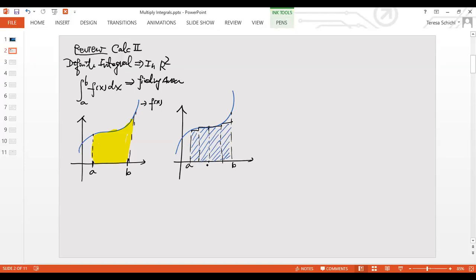For each one, the width of the sub-interval is delta x. How do we find delta x? In general, it is your upper bound minus lower bound, divided by n.